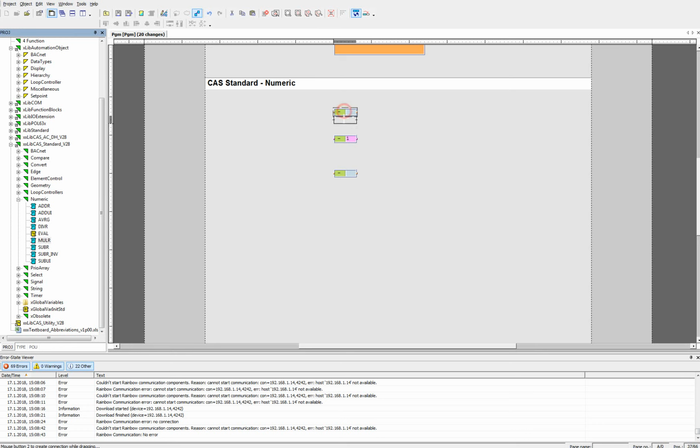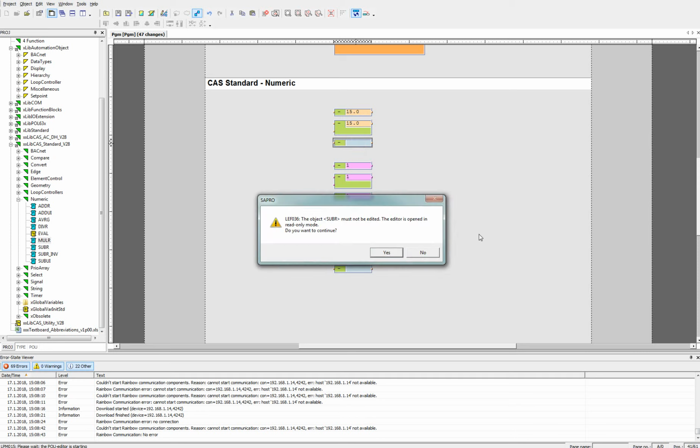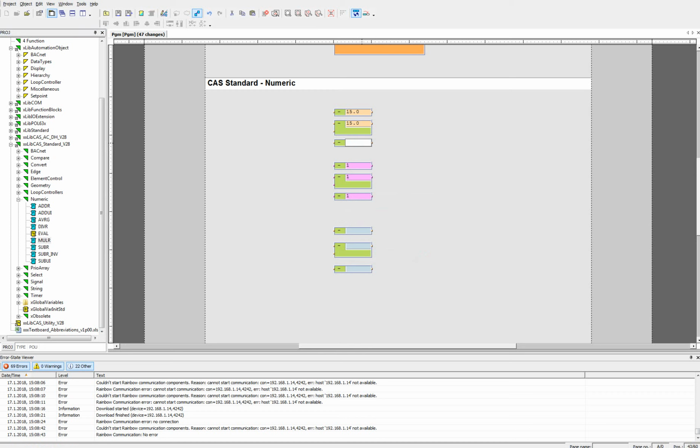We can similarly extend those blocks into 2-pin blocks and extend them to be wider. We can write the value directly into the block, like 15, 15, and 15.